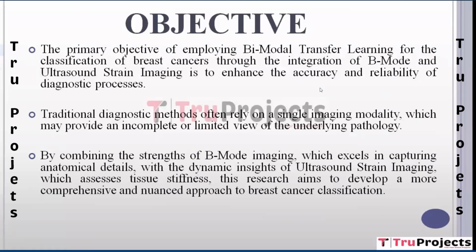This study seeks to create a more thorough and nuanced method for classifying breast cancer by merging the advantages of B-mode imaging, known for its proficiency in capturing anatomical details, with the dynamic insights provided by ultrasound strain imaging, which evaluates tissue stiffness. The objective is to move beyond the limitations of single modality imaging and enhance the overall accuracy of breast cancer diagnosis.